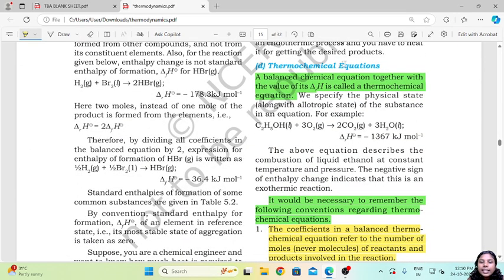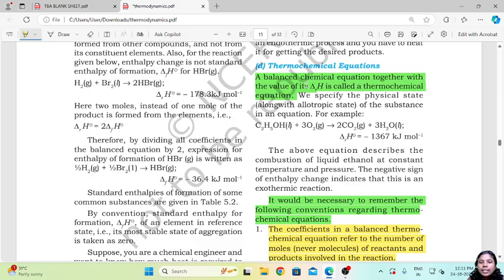Next we have a set of equations which are called the thermochemical equations. Now what are these thermochemical equations? It is a balanced chemical equation together with the value of its delta rH, the reaction enthalpy, and that is called the thermochemical equation.